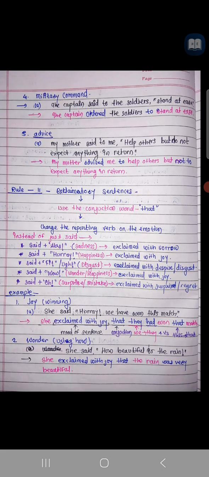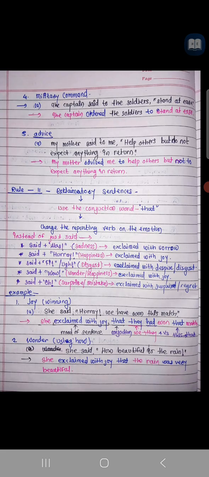But for an exclamatory sentence, with words like wow, hooray, alas, ugh, whoa, we use "that". That means the conjunction is the same. We must keep only two things in mind.